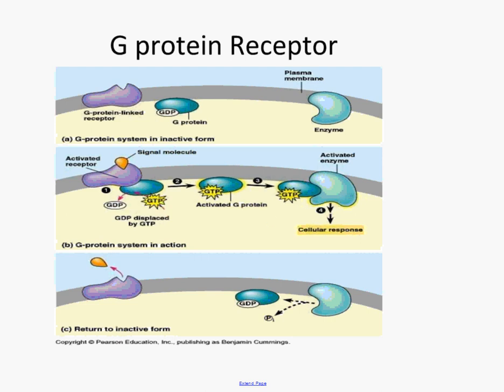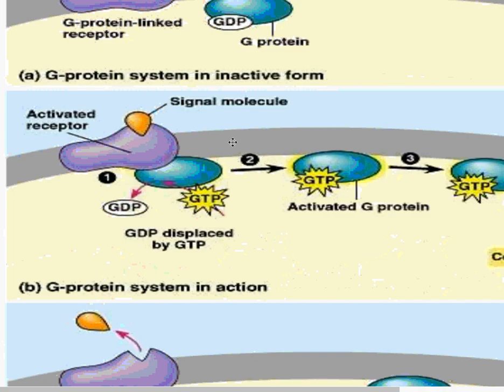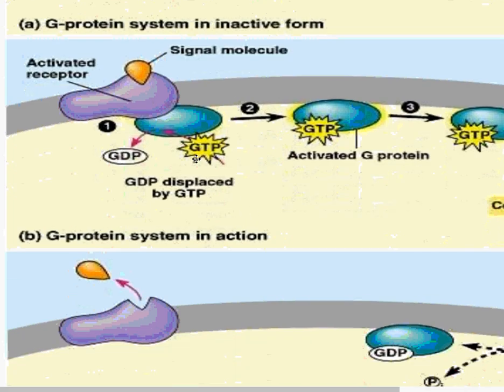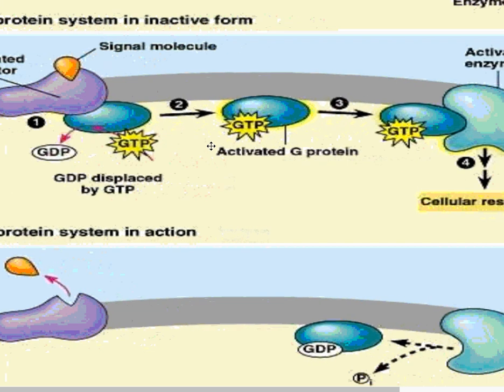First of all, that GDP on the G protein is going to be exchanged for GTP. GTP is just like our friend ATP, except it's guanosine triphosphate. And just like ATP, when guanosine triphosphate binds to something, it activates that thing. In this case, it activates the G protein. The G protein does one thing.